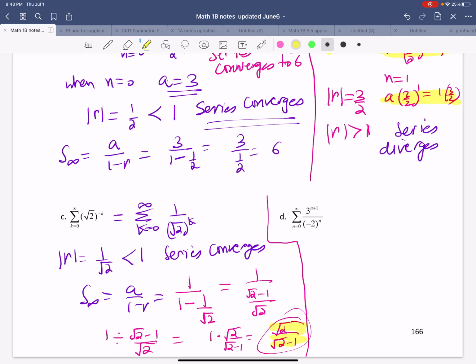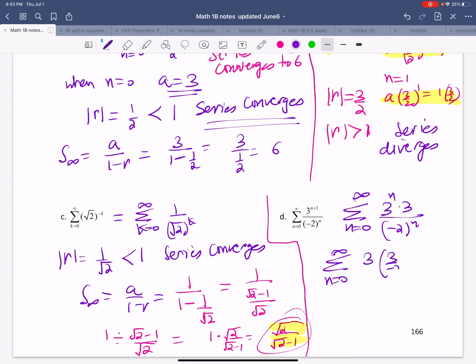Okay, the next one is 3 to the n plus 1 over negative 2 to the power n. Doesn't look in a very good shape to me, so I'm going to try to rearrange and rewrite it. This is going to be n is equal to 0 to infinity. I can write it as 3 to the power n times 3 over negative 2 to the power n. Now, n is equal to 0 to infinity. We can just leave the negative in there.